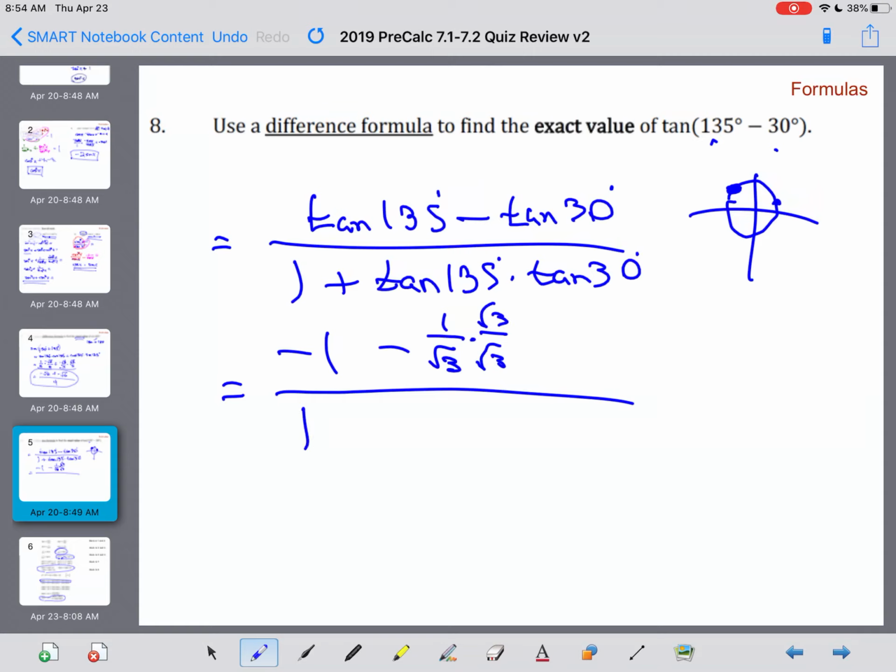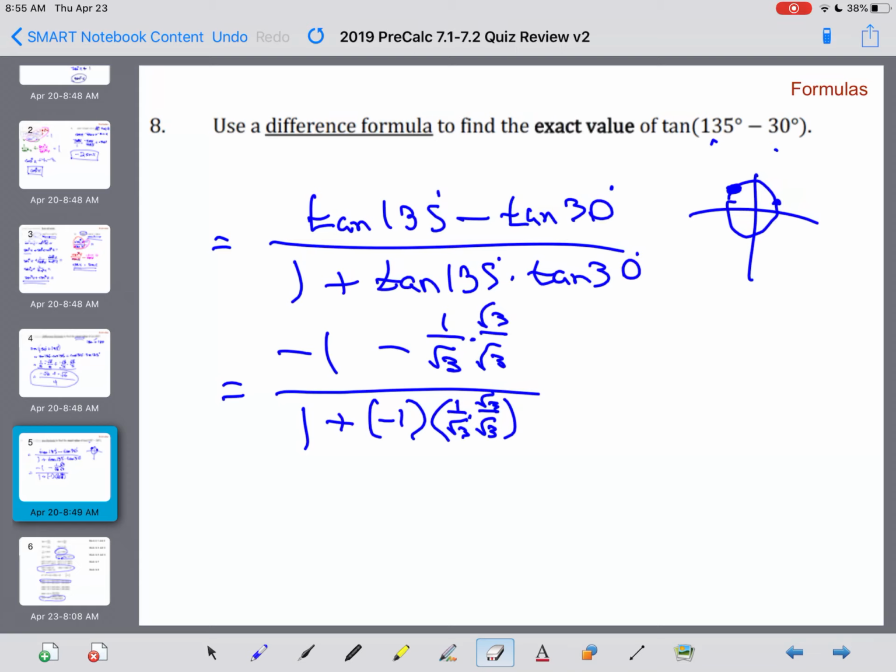Down on the bottom, we're going to have 1 plus -1 times, and again, we're going to have to rationalize that. So I'm going to just do that now because I don't have a ton of room here. So now let's go ahead.